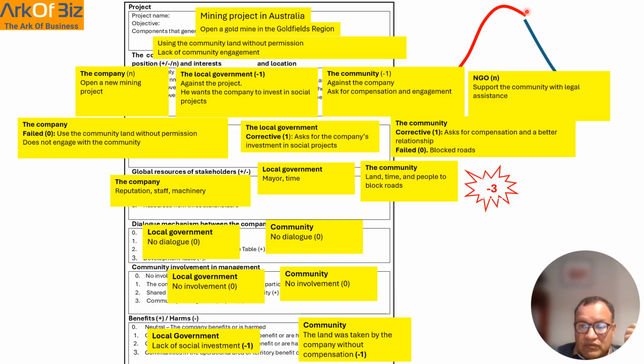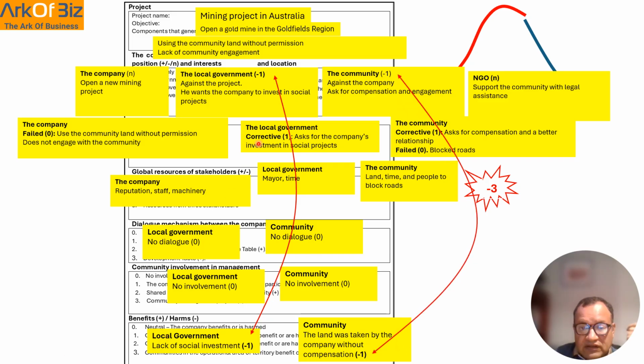So as you see here, we are completing the information. Once you have identified the stakeholders, either in the government element or the community position element, you need to complete the information in the benefits and harms elements, ensuring that they match. This means that if either the government or community is in favor or against the company, the corresponding benefits or harms should be reflected in that position.